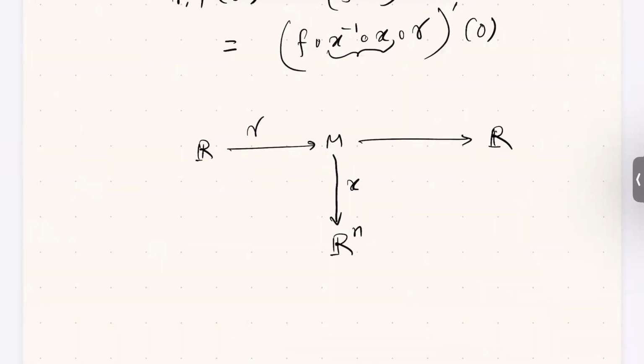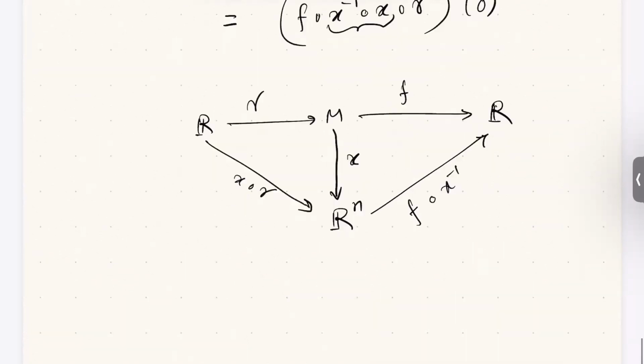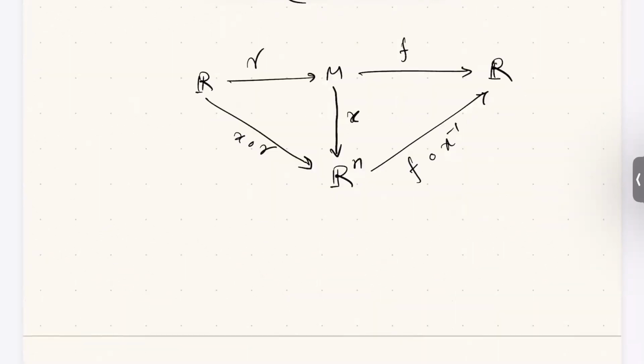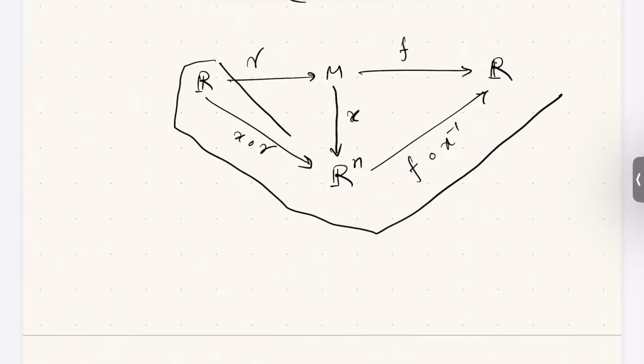Then I can define this: this is just x after γ, and this is f∘x⁻¹. So essentially, I am considering now this thing. Right?